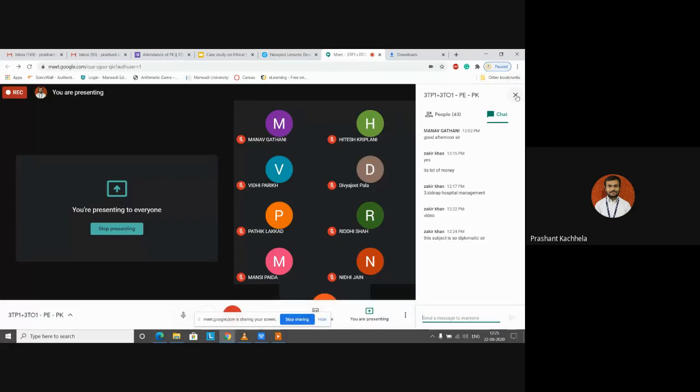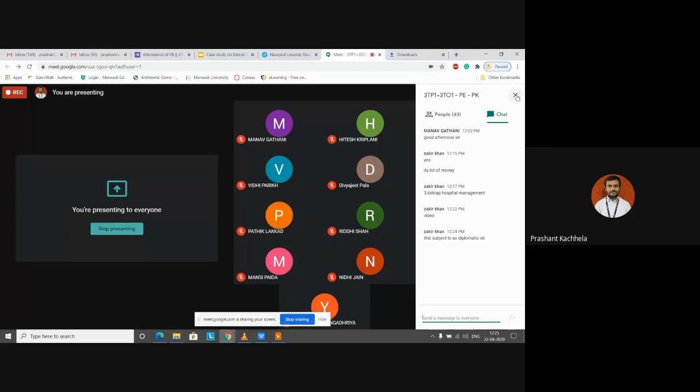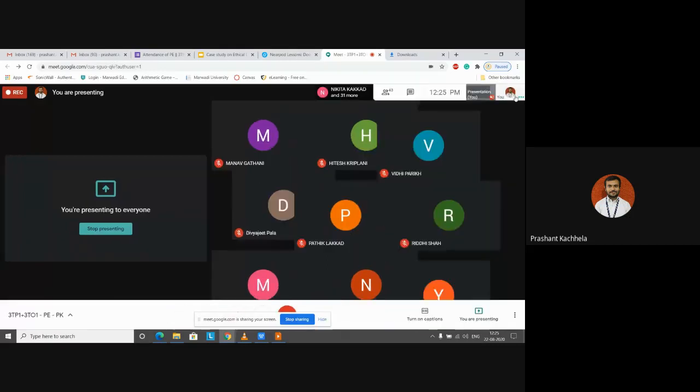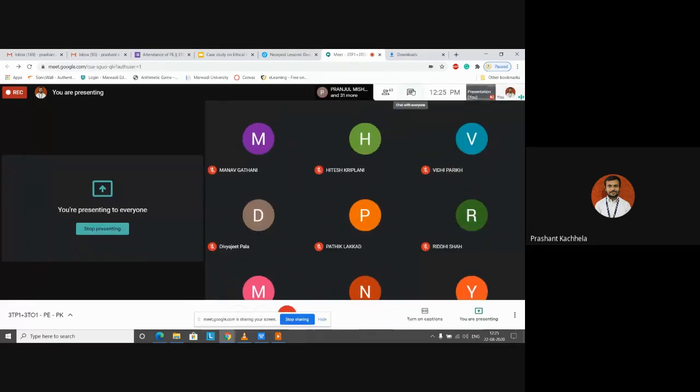Sakir, I know it is diplomatic, but there are many approaches which are given here as a part of this ethical theory. But still, I'll tell you that if your motive is very selfish in nature, then utilitarianism is not supporting that either.